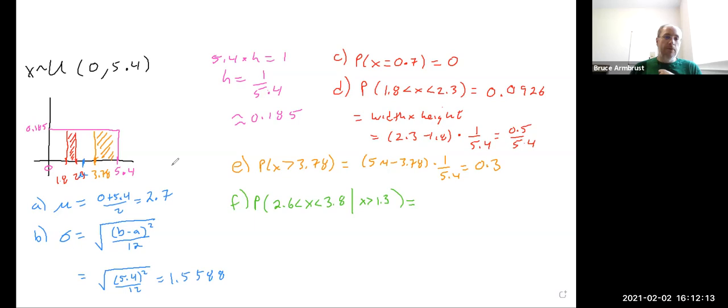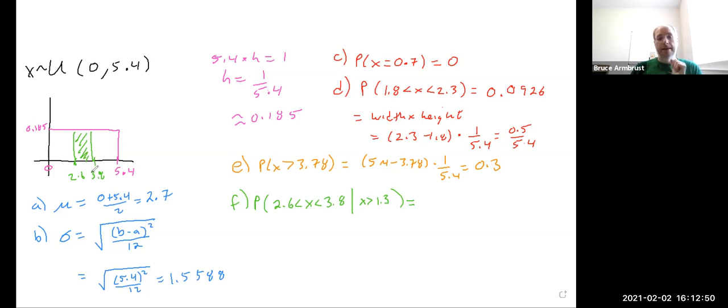All right, so for the conditional probabilities, this is how these guys work out. Let me see if I can erase some of this stuff without destroying the major parts. Okay, so let me start with where we're looking, right? We're looking between 2.6 and 3.8. So we want to know this right here, right?